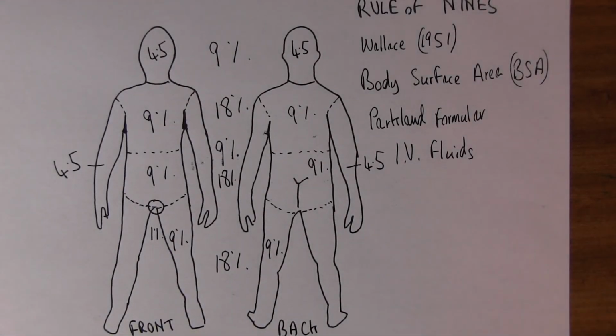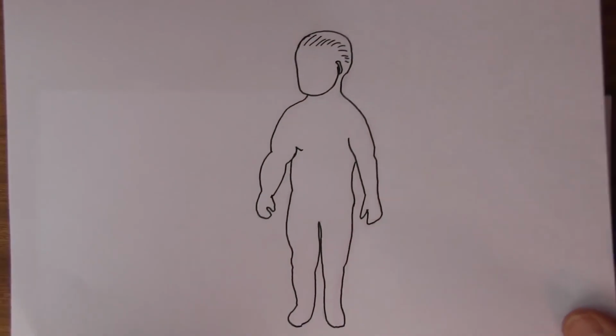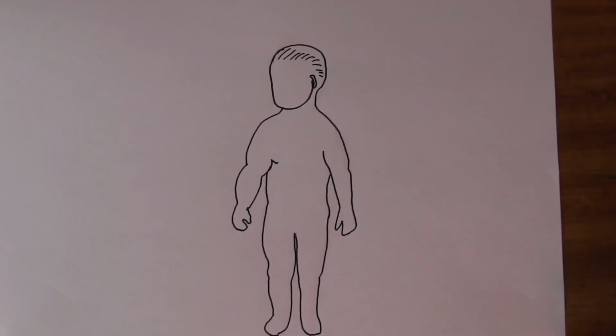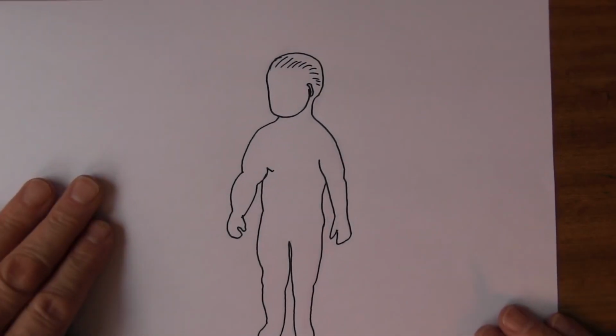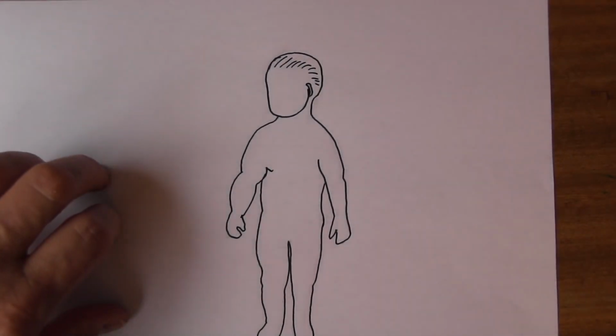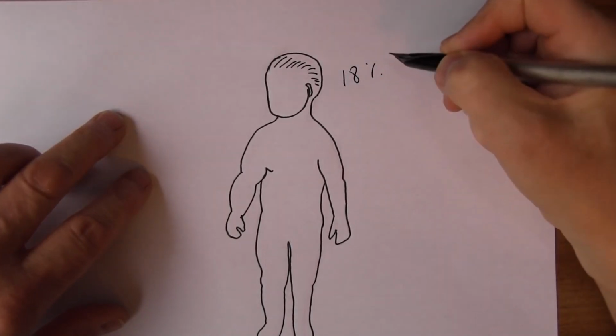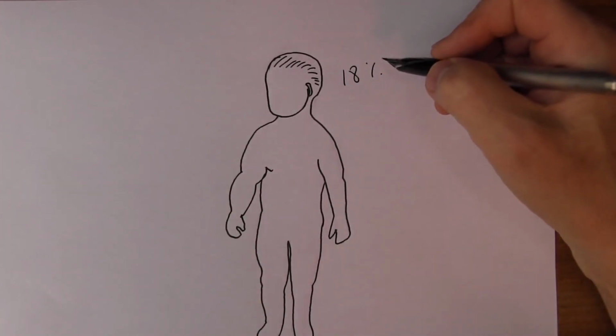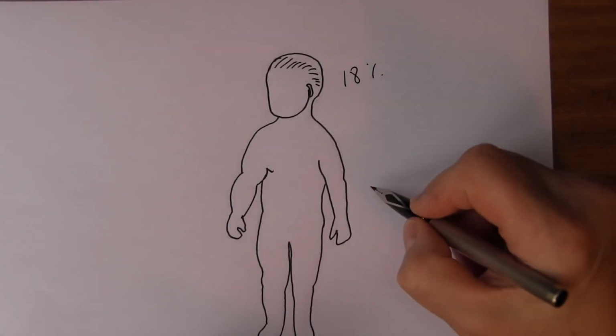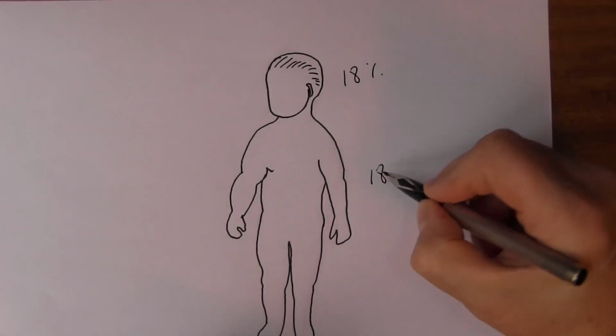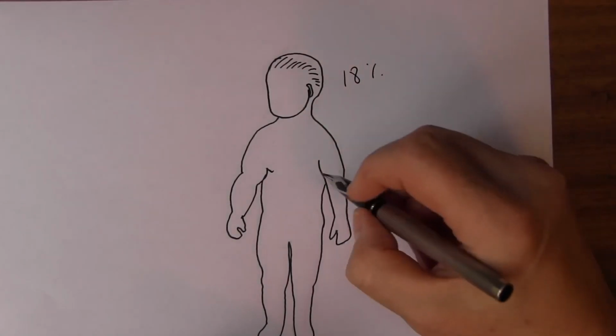Slightly different with children, it depends on the size of the child, and again there's specialised paediatric charts for working this out. But basically children have got bigger heads, so roughly if we say 18% for the head in a child, that would be 9% for the front and 9% for the back. 18% for the torso. The arms in children will count those as 9 each.